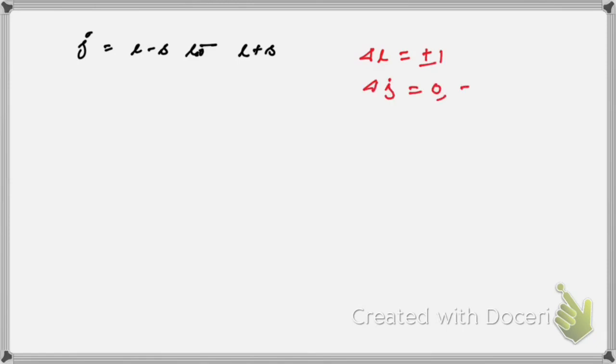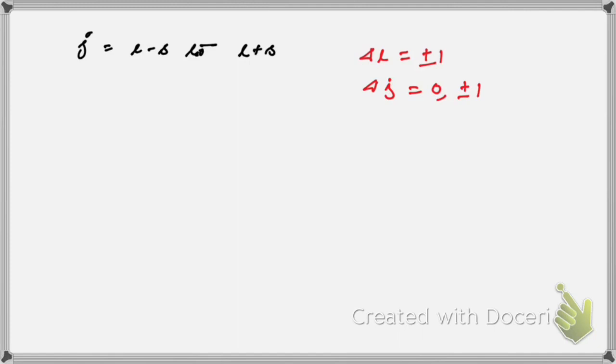Once you get small s and l, then small j will be given by l minus s to l plus s. And the selection rule that we are going to follow here is del l equal to plus minus 1, and del j is 0 and plus minus 1.